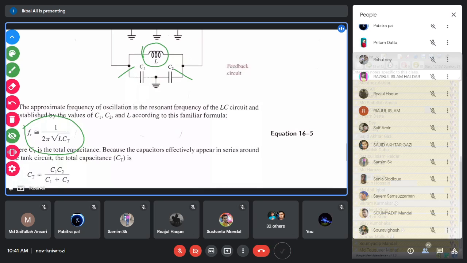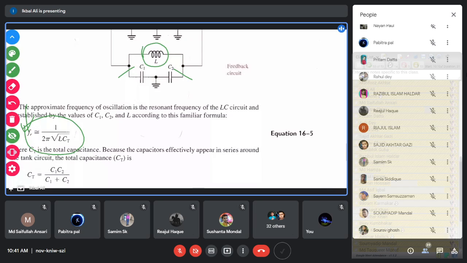Whatever we have discussed so far, we have discussed very ideally. That means we have not considered other concerns that will hamper this frequency operation, that is, change this frequency. There are certain phenomena or other circuit parameters that can interfere with this frequency expression, or can change the frequency.